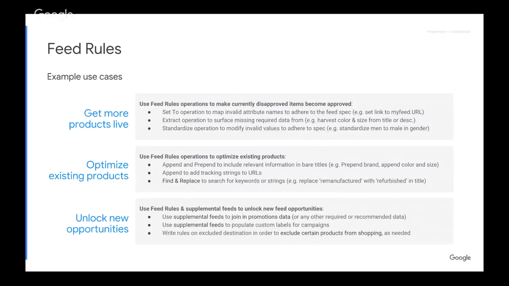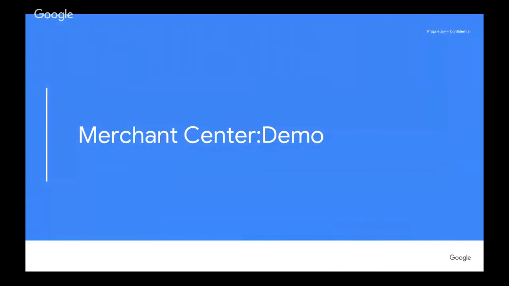So there's lots of changes that you can make with feed rules. And what I'll do now is I'll jump into a demo section where you can see how to identify items that need changes and how you can use feed rules to address some of these issues.